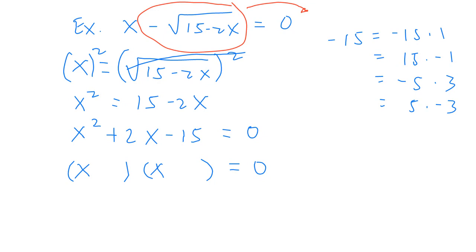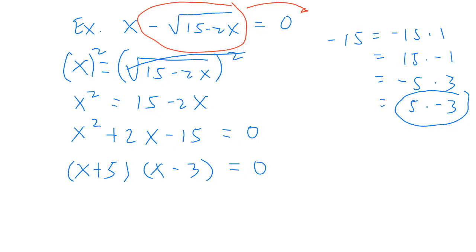So which of these factors, when you add, will give you positive 2. So that would be the last one. So I'll put plus 5 here and then minus 3 on the other side. You can always check by multiplying the inner terms and the outer terms. It gives you the middle term, which is 2x.